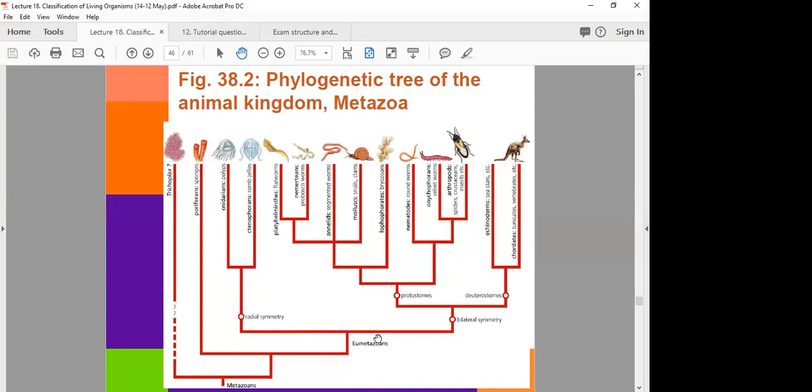And then to the right, bilateral symmetry. So all these other branches here are animals that exhibit bilateral symmetry. Now within the bilaterians, there's another split here into the protostomes and the deuterostomes. Okay, so you can see roughly how that works.